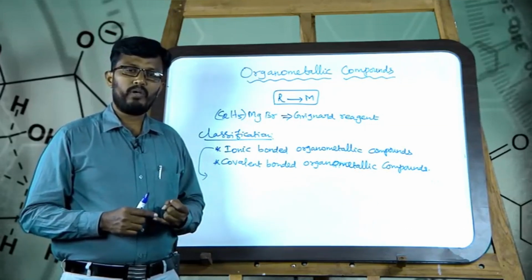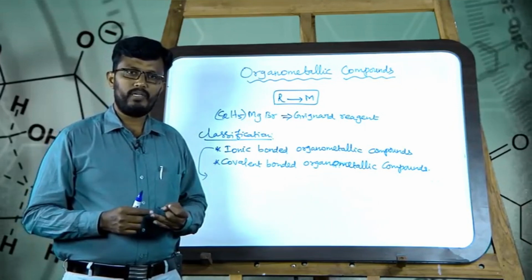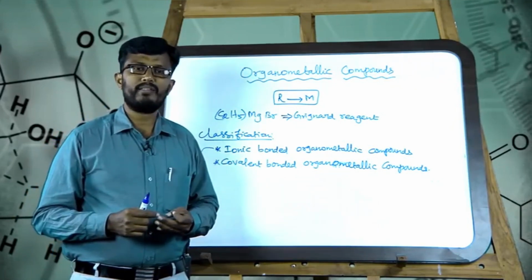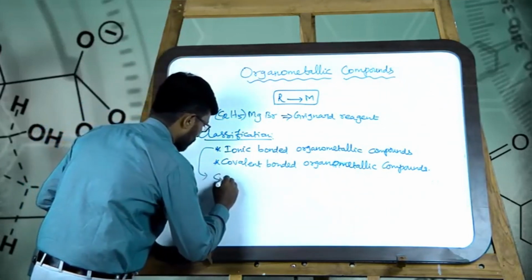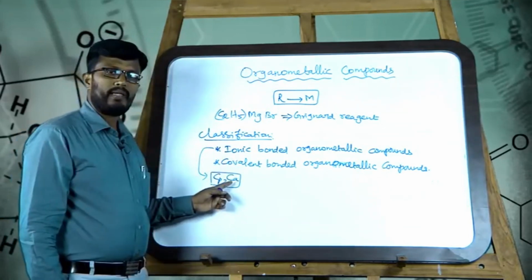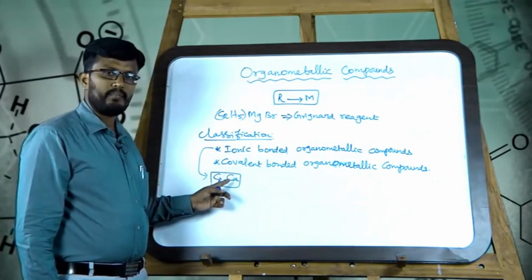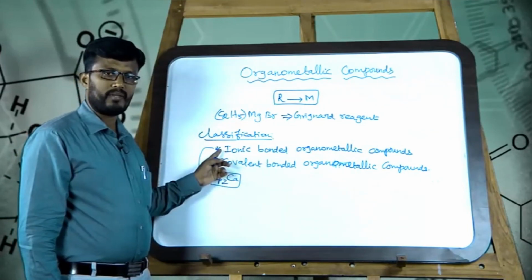These are all more reactive, non-volatile solids. They are insoluble in organic solvents. For example, calcium cyclopentadienyl compound is an example of an ionic bonded organometallic compound.